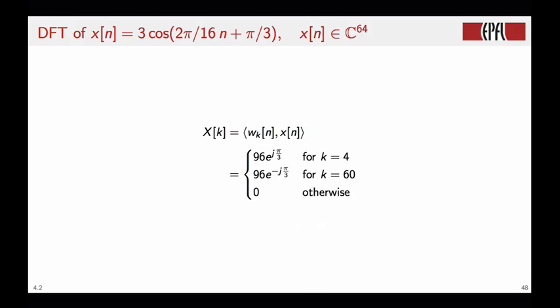And when we compute the DFT, we take the inner product of that with the generic basis vector for the Fourier basis, and just like before, we obtain just 2 non-zero values. When k is equal to 4, the first term will survive, giving us a DFT value of 96 times e to the j pi over 3, and when k is equal to 60, we will get 96 e to the minus j pi over 3, and 0 everywhere else.